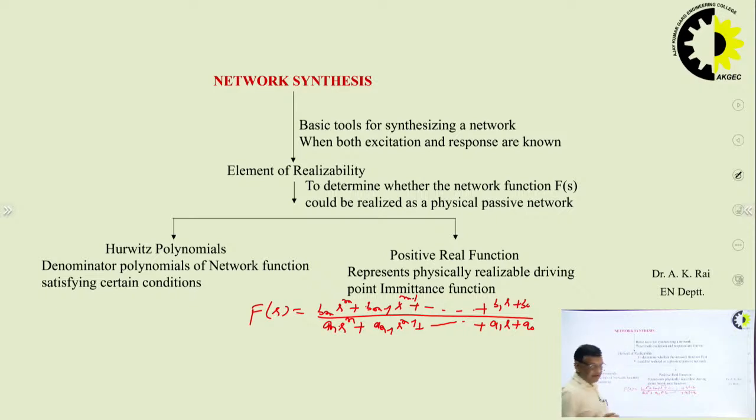It is a given network function, and these coefficients Bm, Bm minus 1 and so on are nothing but the circuit components, or the network components. How we synthesize that, we will discuss later on. First I am defining what is a Hurwitz polynomial. This is the denominator polynomial of a network function. If it satisfies certain conditions, then it becomes a Hurwitz polynomial. First we will discuss what a Hurwitz polynomial is, what its properties are, and how we carry out the test for a given function whether it is a Hurwitz polynomial or not.